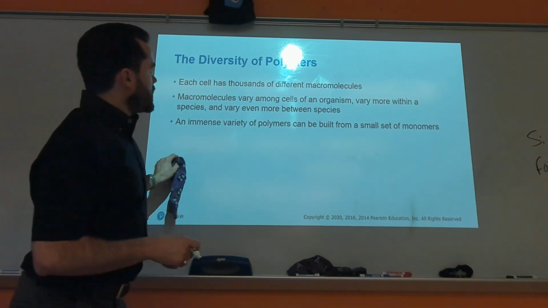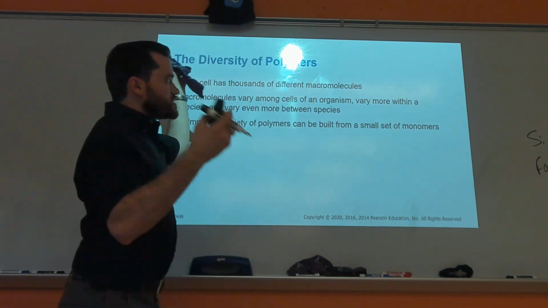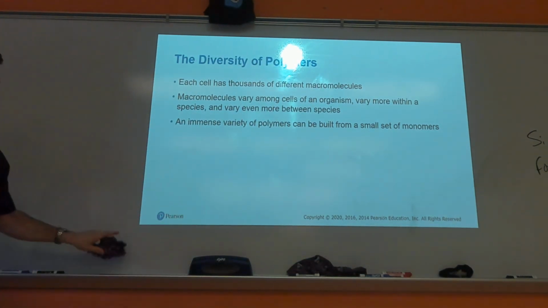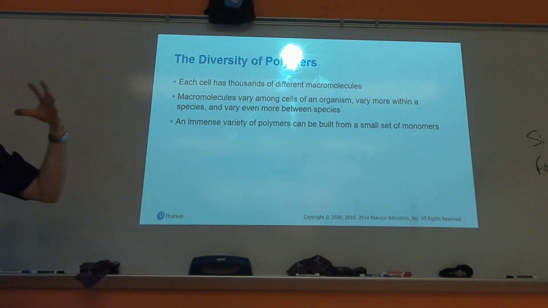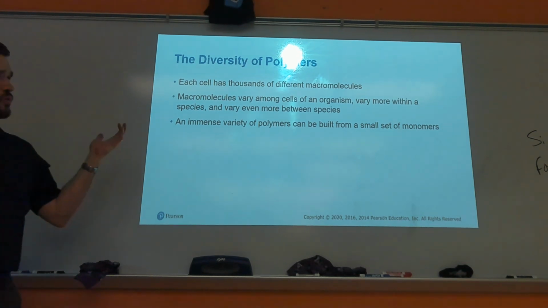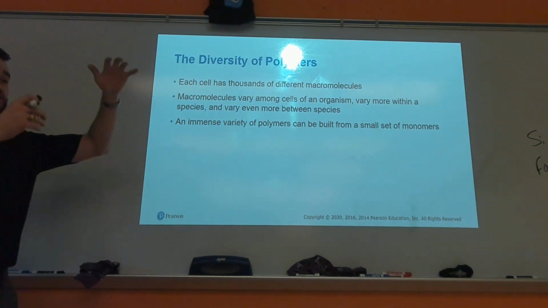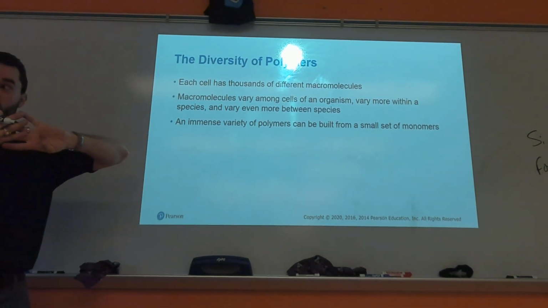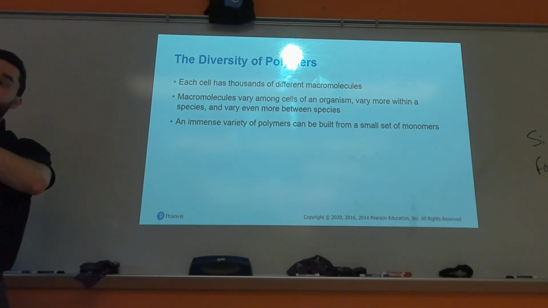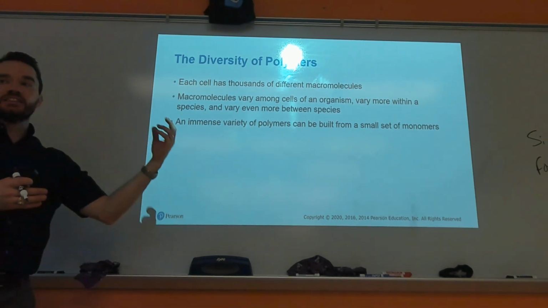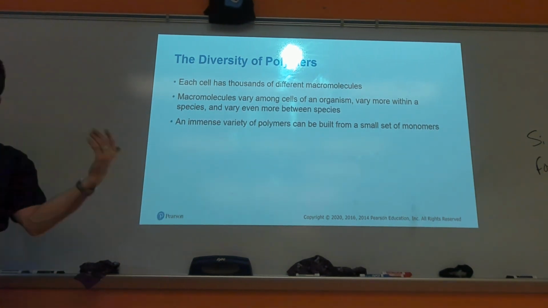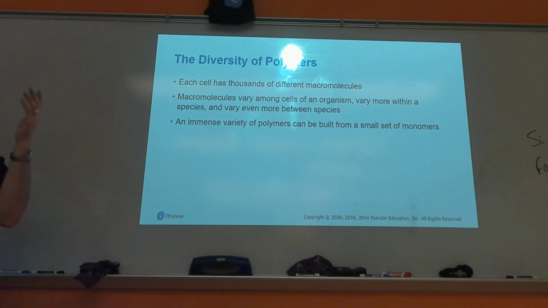And yeah, we have thousands of different macromolecules. So I showed you some of those basic ways you can make these shapes. That gives you an idea of all the different kinds of formations these molecules can take in your body. And there are those basic 4 categories I gave you. All living things have those, but the specific kinds of lipids or proteins or carbohydrates differ from species to species.